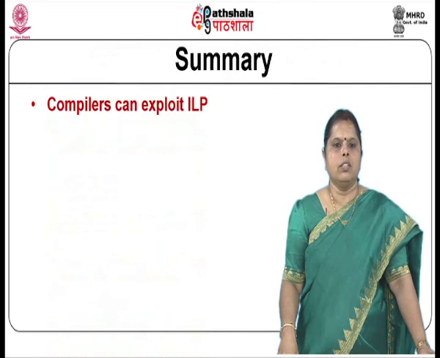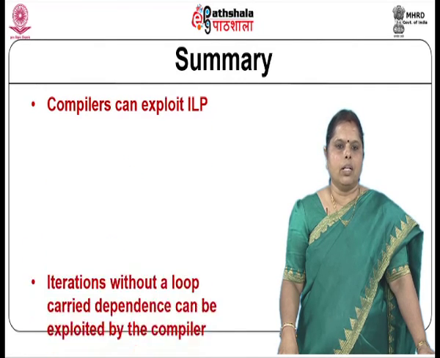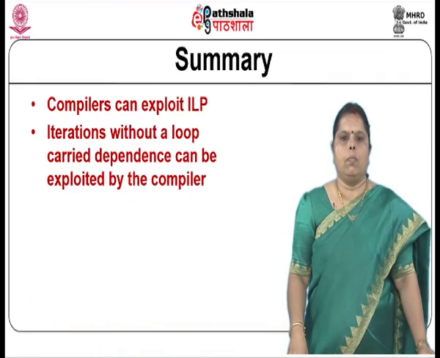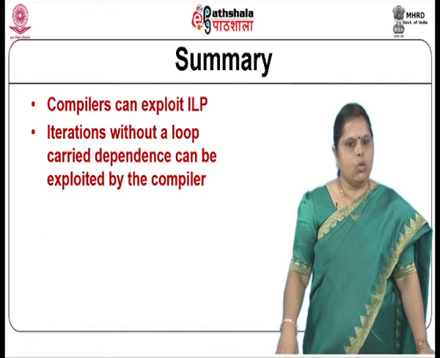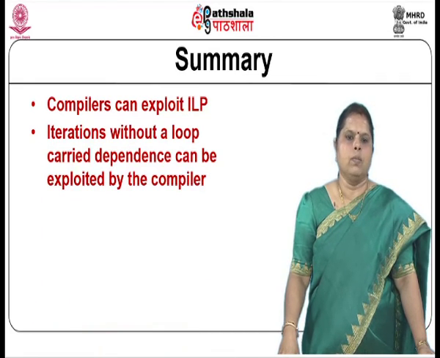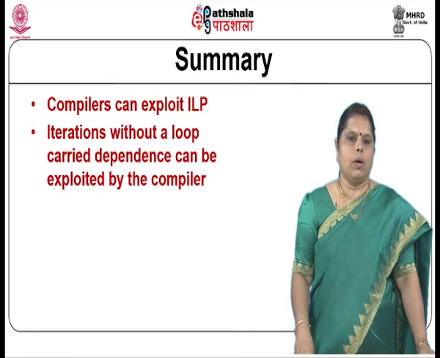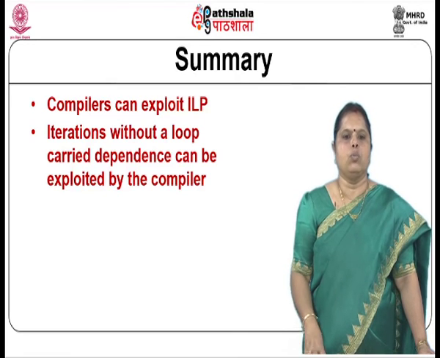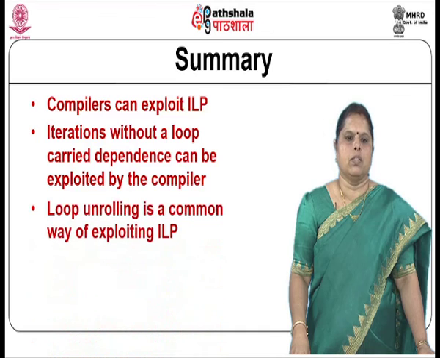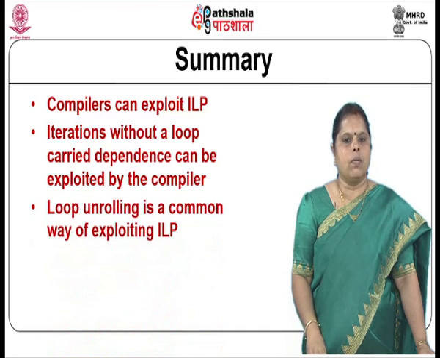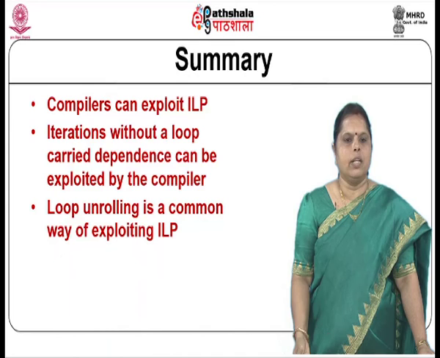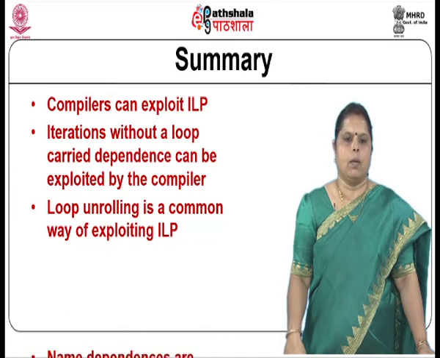So to summarize, it is not just the hardware that can exploit instruction level parallelism. The compiler also can exploit it. An easy target for compilers is iterations without a loop carried dependence. And loop unrolling is a very common way of exploiting ILP, where iterations of the loop simply get replicated.